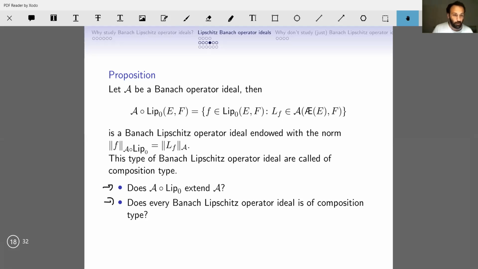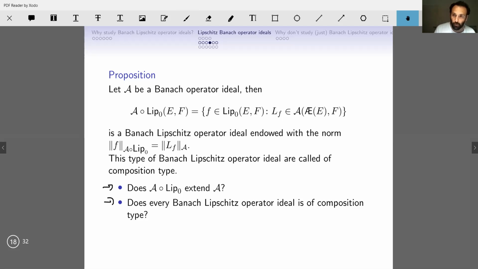Why is this question important? Because if every Banach Lipschitz operator ideal is of composition type, we are saying that this new theory of Lipschitz Banach operator ideals is the same as studying linear operators from the Rn space. So this new theory won't give us anything new to study this type of problem of the nonlinear geometry. We are just studying the Rn space.